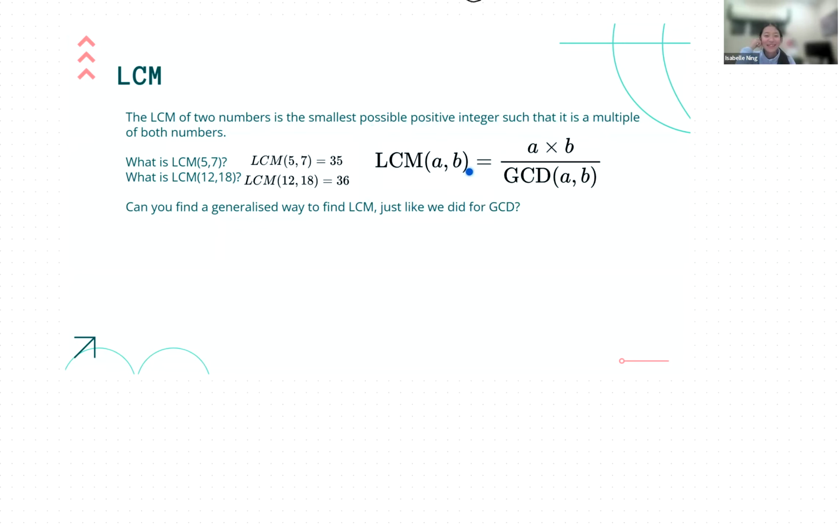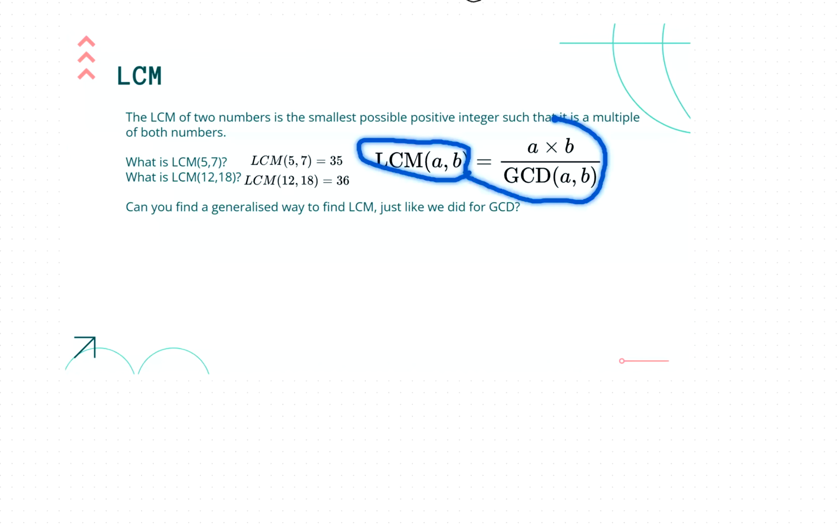Do you want to explain it, Olivia? So basically, let's look at the 12 and 18, right? So 12 is equal to 2 squared times 3, and 18 is equal to 2 times 3 squared.